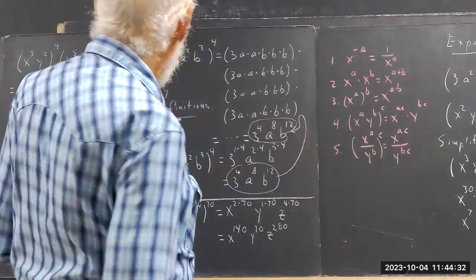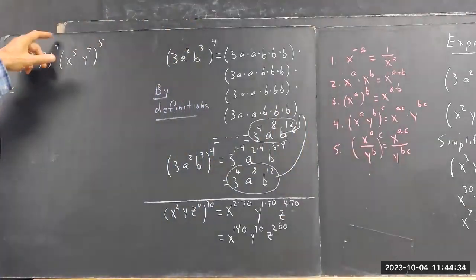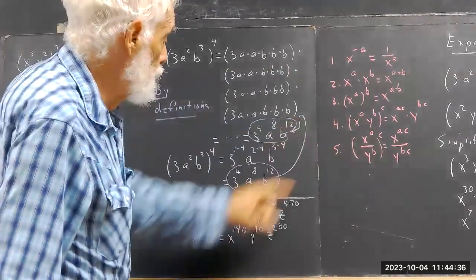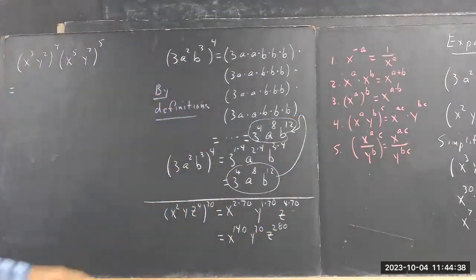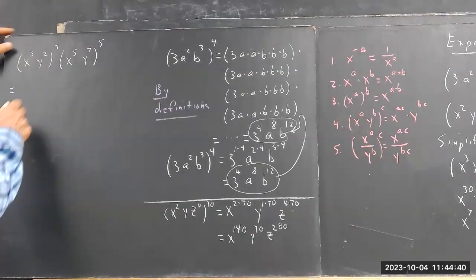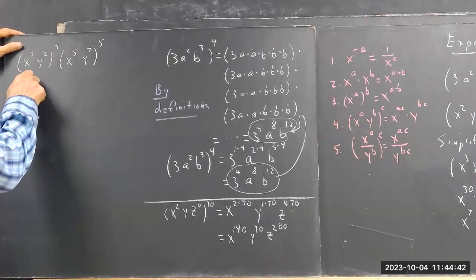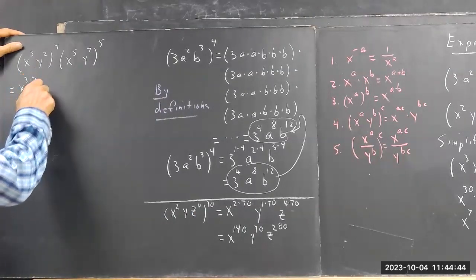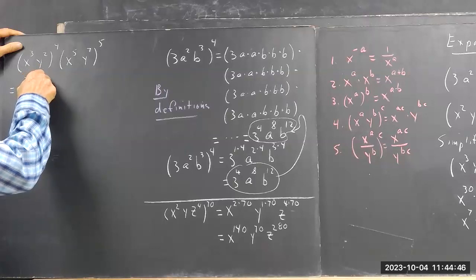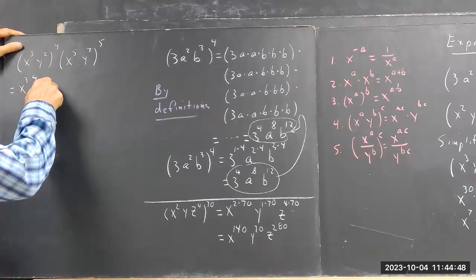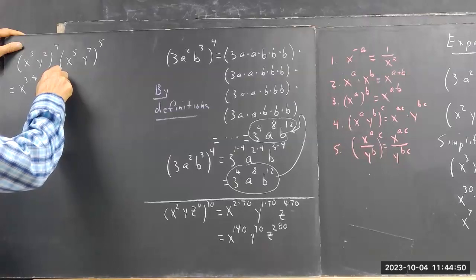The rules tell you to do exactly the same thing you did without having to write it all out. So x cubed y squared to the 4th, using the same rule we used here and here, is x to the 3 times 4 times y to the 2 times 4.